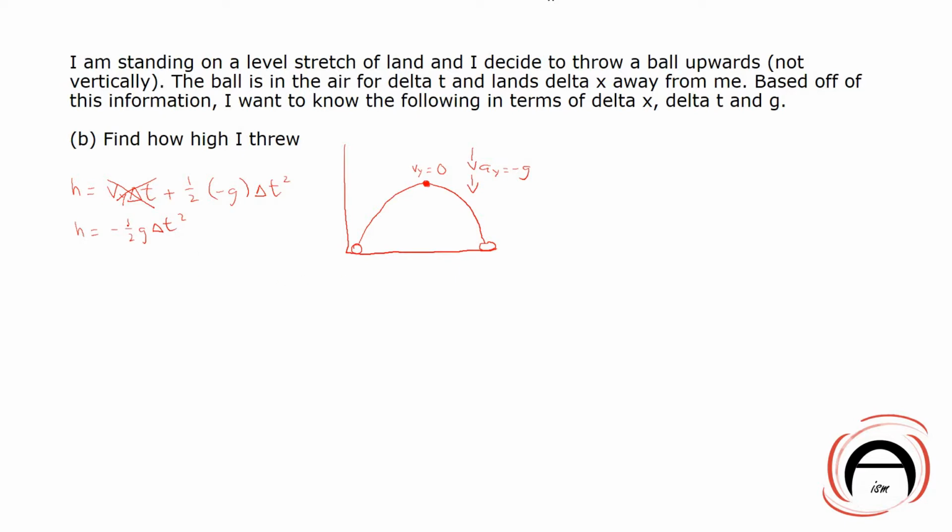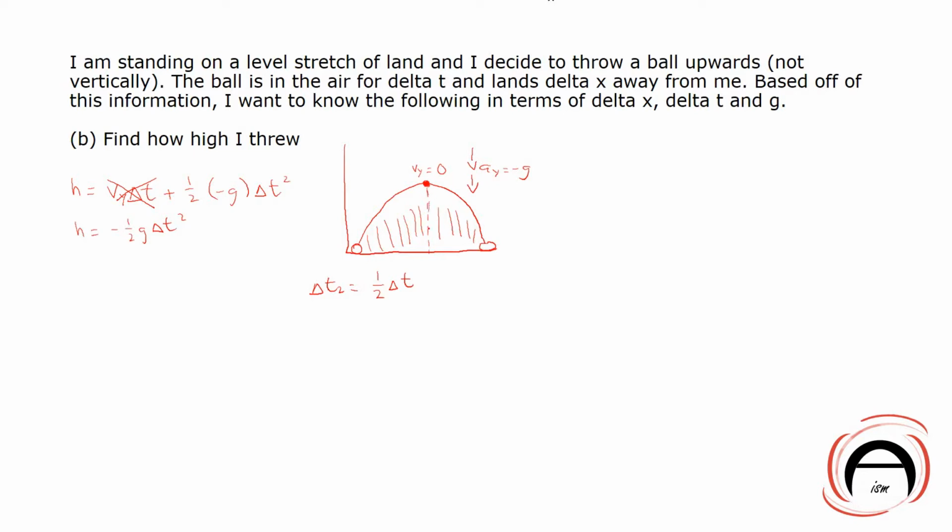Or actually, this is not going to be delta t. This is going to be delta t2. But our second time, delta t2, also happens to be equal to 1/2 delta t, which is very interesting because this part is half the time and this part is the other half. You can think about this as the graph of a parabola. Its vertex is going to cut the parabola in half.